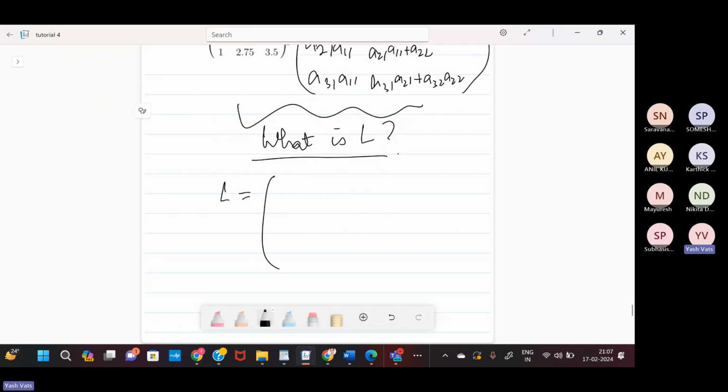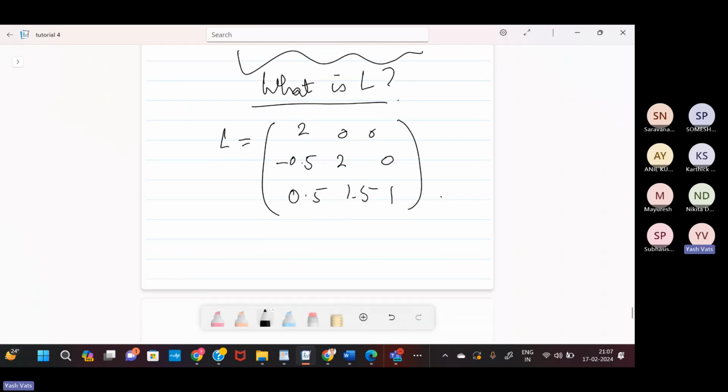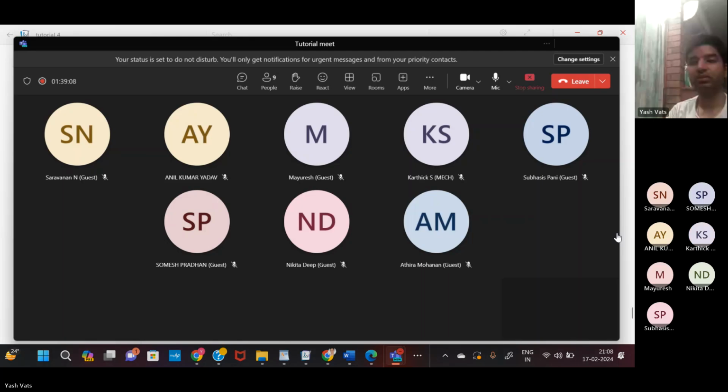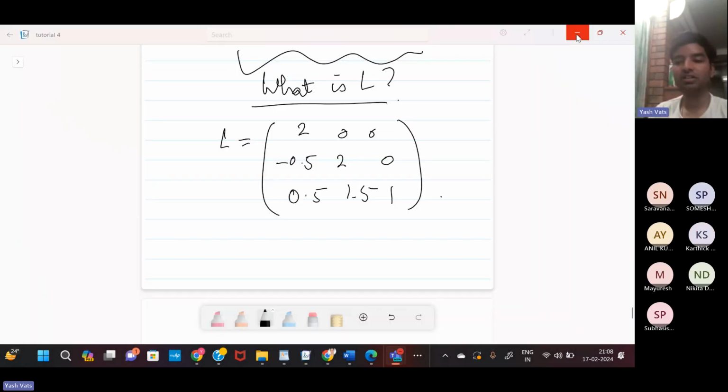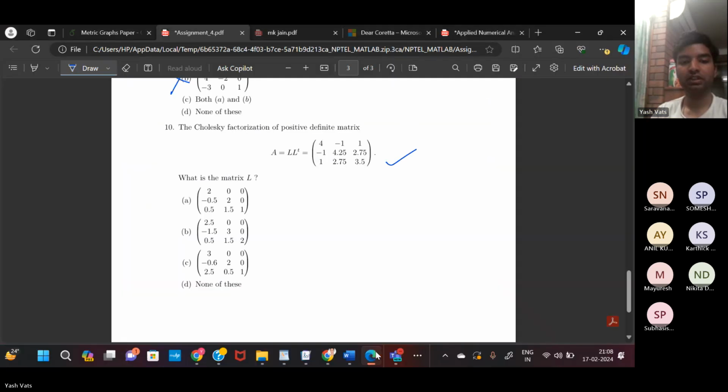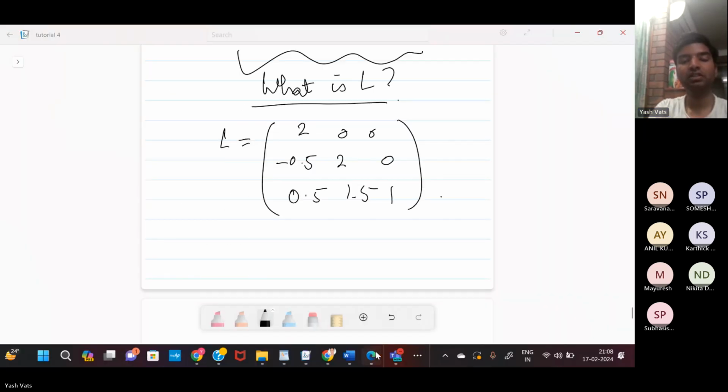L is just 2, 0, 0, minus 0.5, 2, 0. Just try to check whether it's correct or not. Now I hope you understand all these questions. Is this correct in this way? Yes, so it's like this.